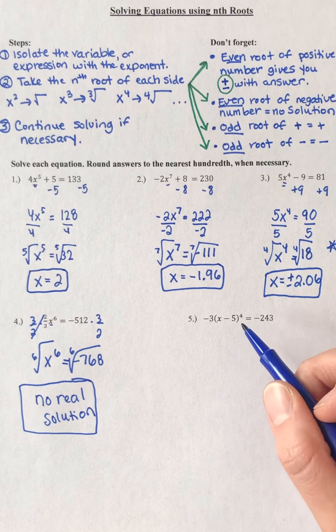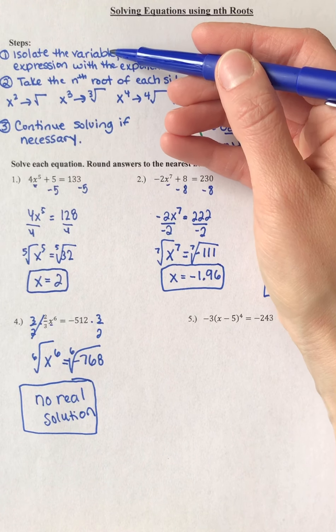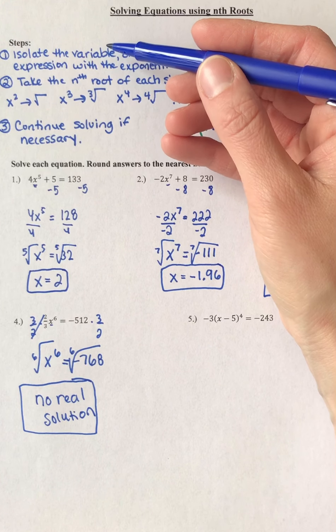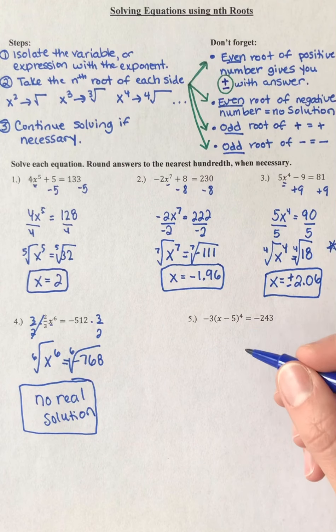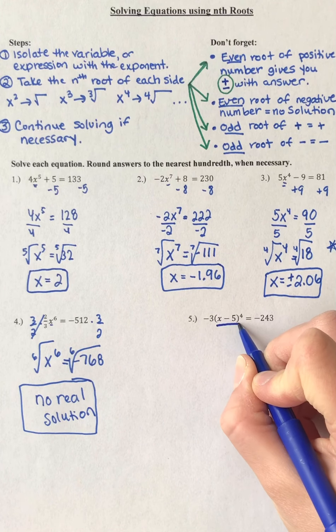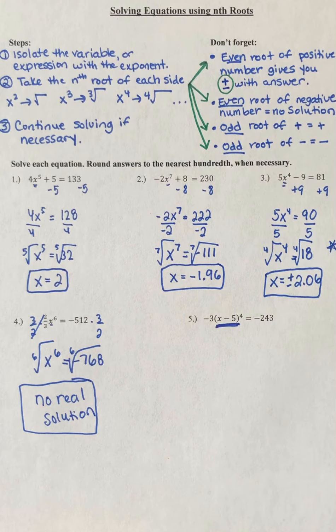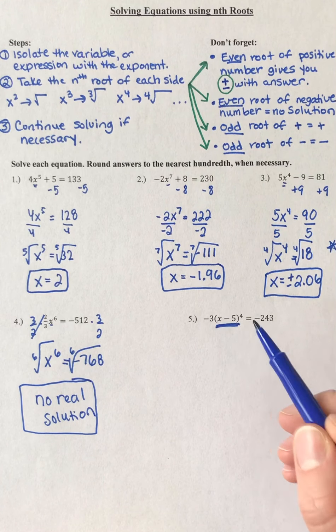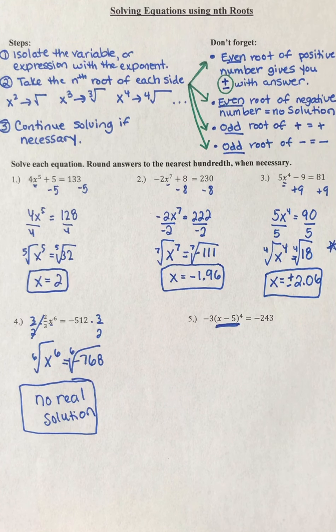So this time, instead of isolating the variable that has the exponent, I have an expression that has the exponent. So I want to get x minus 5 by itself, because then I can take the 4th root of each side and just be left with x minus 5. Do not distribute negative 3 into that parenthesis.